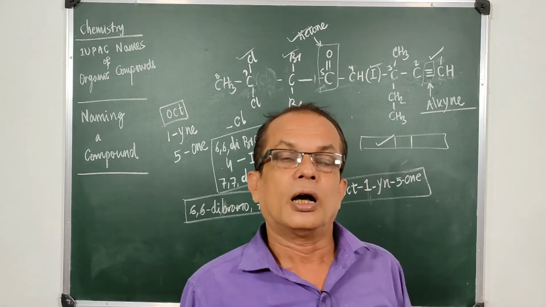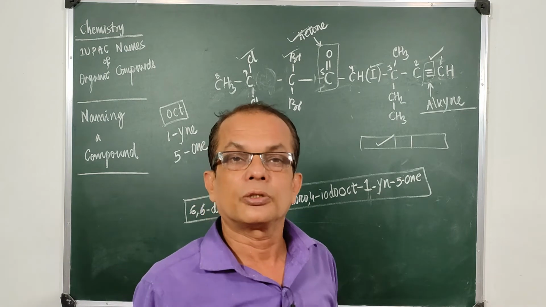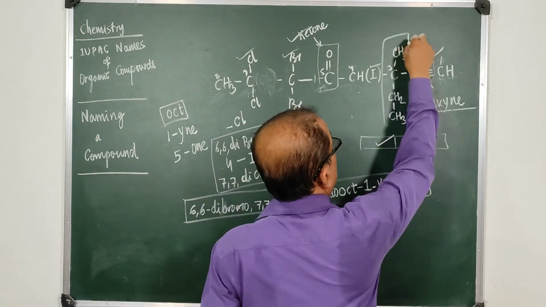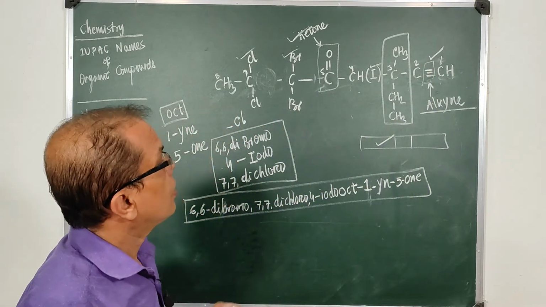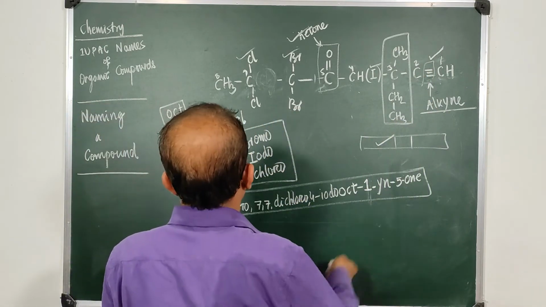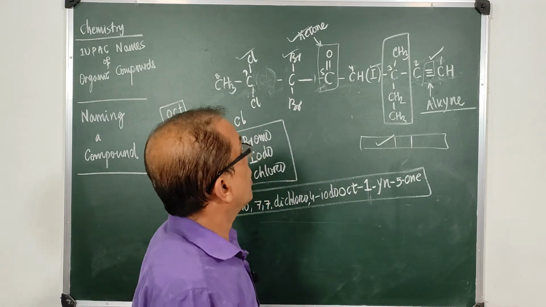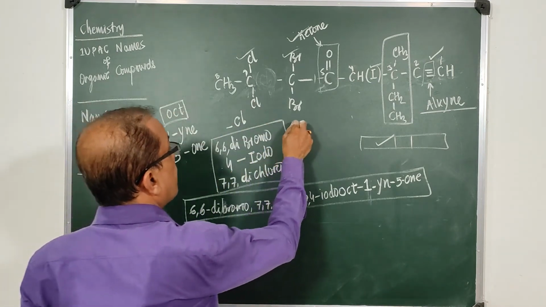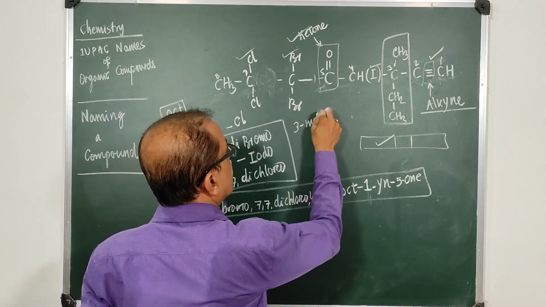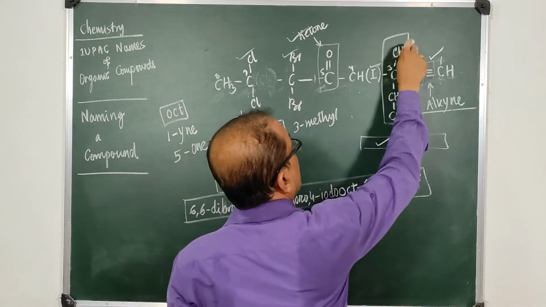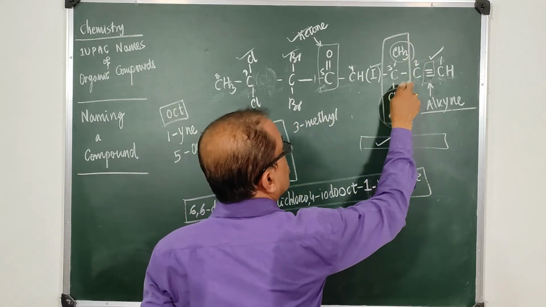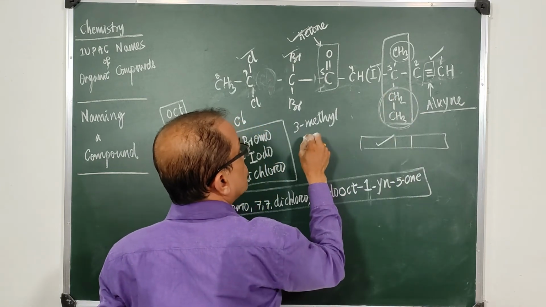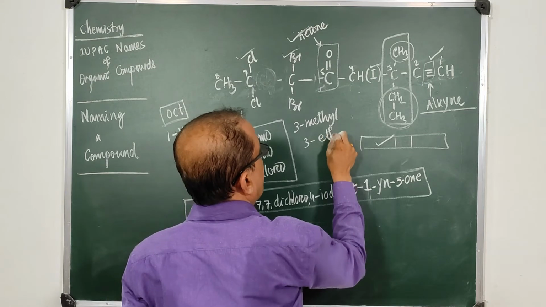But you see, I have already forgotten one part of this compound. Have you noticed it? I have not used this one out of the name. So what mistake did I do? I did not notice these two. There is a 3-methyl, CH3 is methyl, and there is C2H5, CH3CH2 is ethyl, so there is also 3-ethyl.